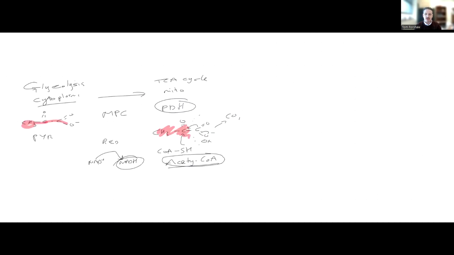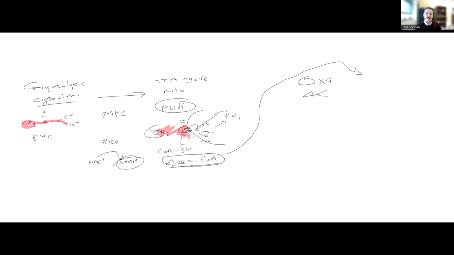Now, where we move on to next are the 8 steps of the TCA cycle. We start out with oxaloacetate, which has 4 carbons, and we take that acetyl-CoA and feed it in. It's 2 carbons, because remember the CO2 has come off.